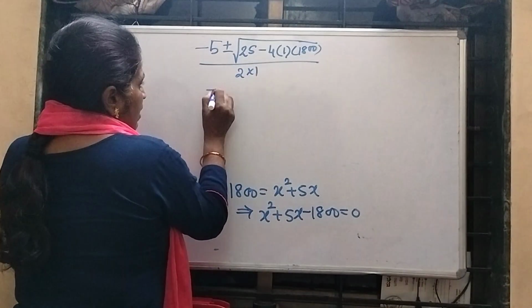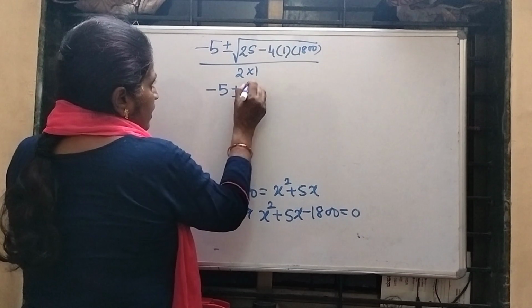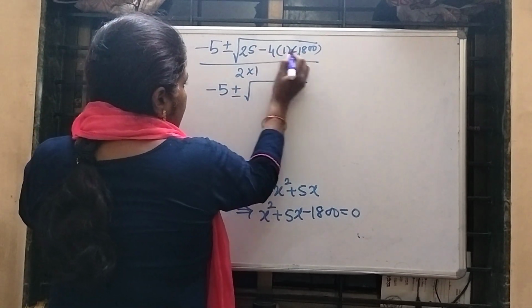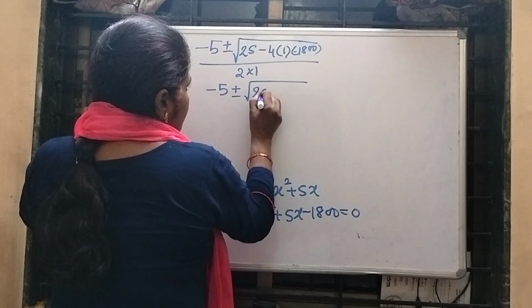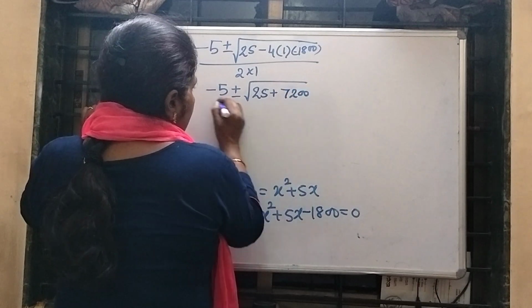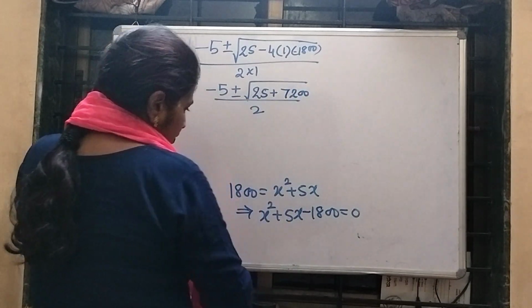Minus into minus becomes plus, so 25 plus 18 fours are 7200, divided by 2.